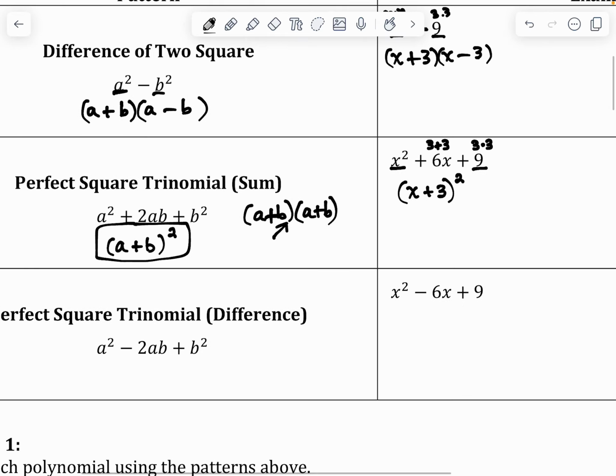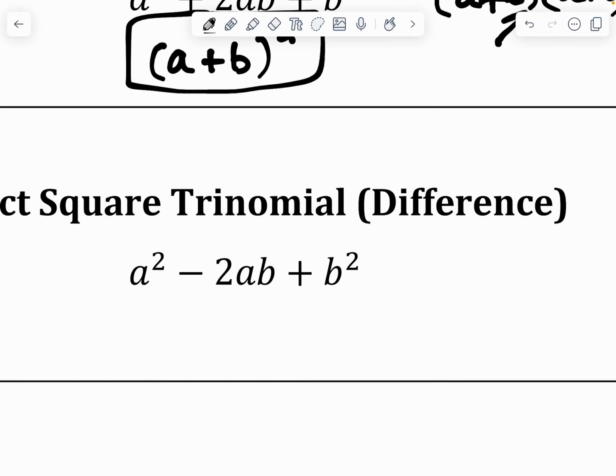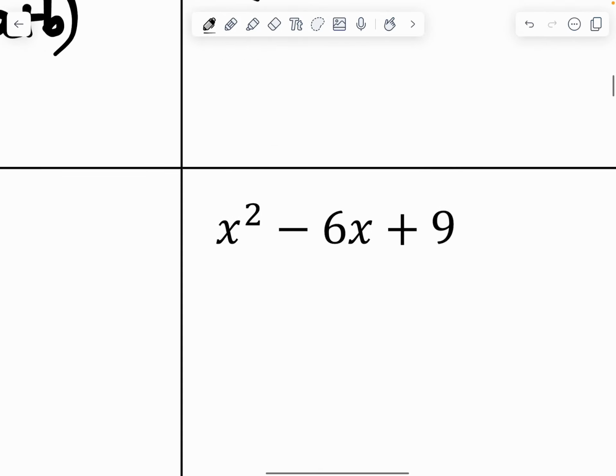All right, for the perfect square trinomial, we're now talking about when the middle term is negative or minus. We're going to have the same thing, except this is going to be negative. So a minus b quantity squared. So if we look at this one, we know x times x is x squared.